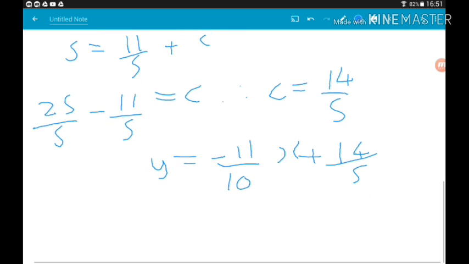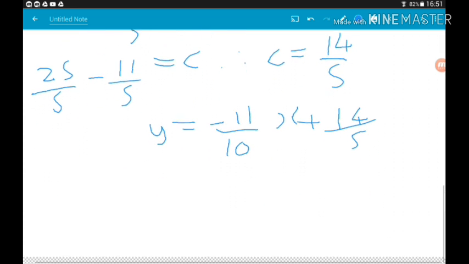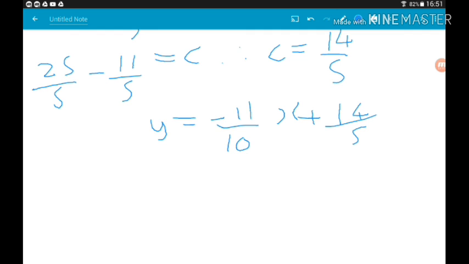We want x and y on the same side, so we get 11 tenths x plus y equals 14 fifths.